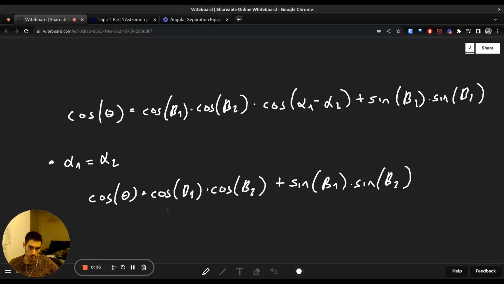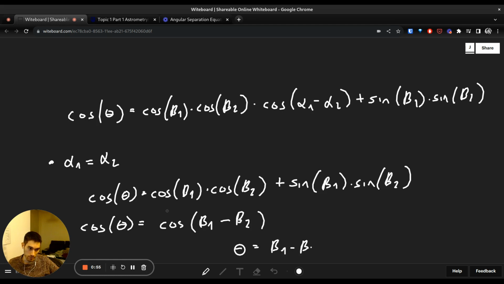And this is exactly the cosine of beta 1 minus beta 2. So what we got is the cosine of theta is equal to the cosine of beta 1 minus beta 2, which is the same as saying that theta is equal to beta 1 minus beta 2, or effectively the difference of beta.